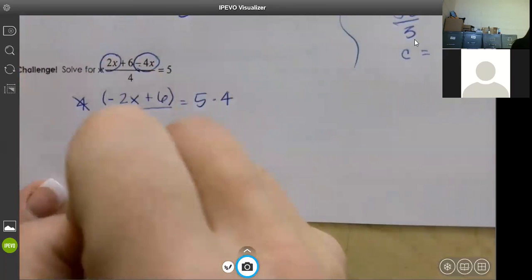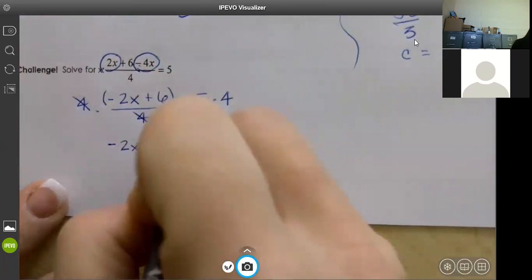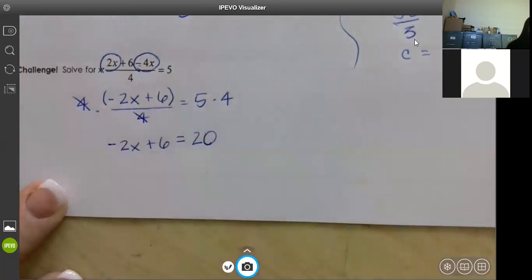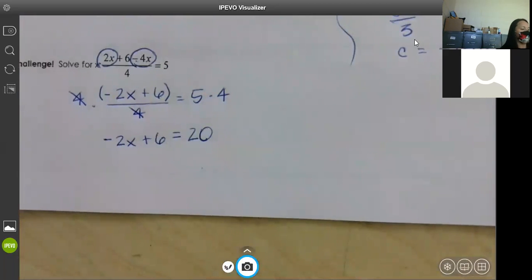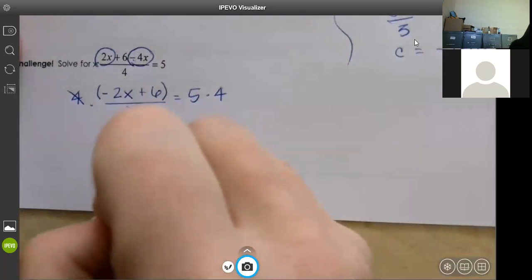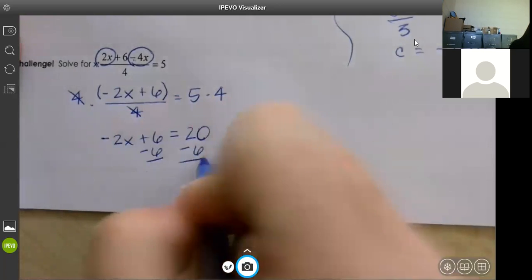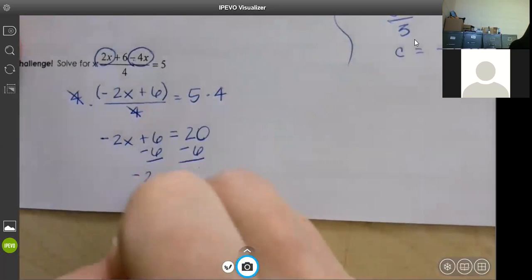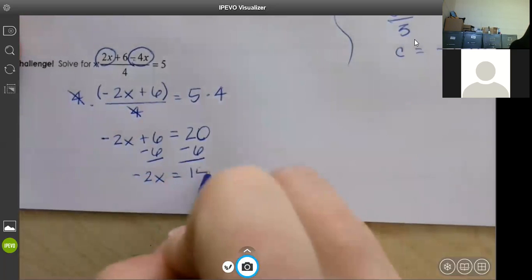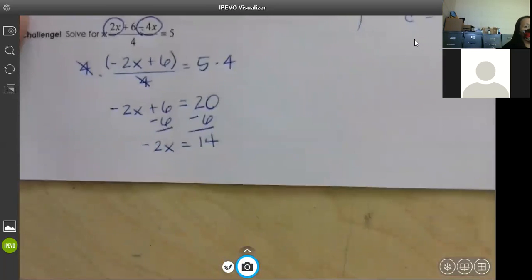We're left with negative 2x plus 6 equals 5 times 4, which is 20. All right. What's on the same side as x but not with it? What number is not with x? Plus 6. How do I get rid of plus 6? Minus 6. I get negative 2x equals 20 minus 6 is 14.